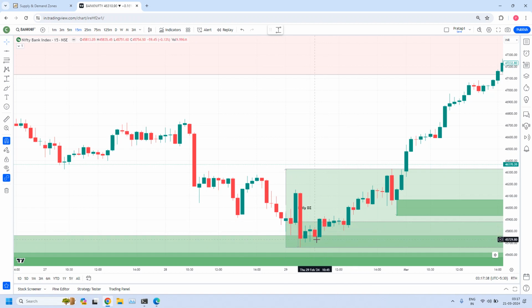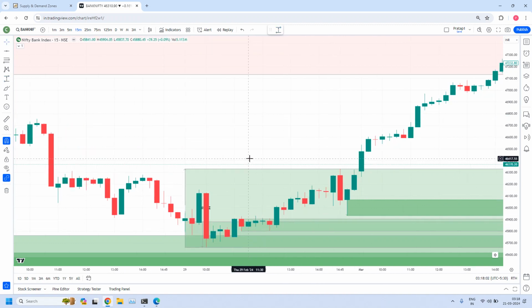See here, you have a rally candle, then 1, 2, 3, 4, 5 base candles and a rally candle. You should not consider this as order flow because it is part of the zone. This is the 15 minute zone.